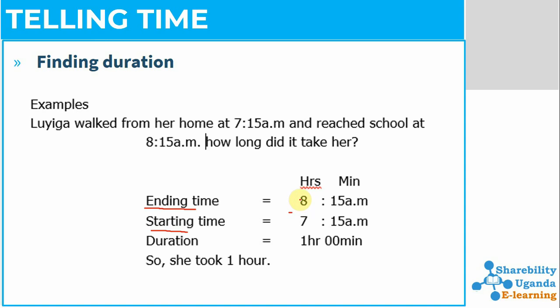That means we shall have our 8, that is 8:15 a.m. This means it was 8 past 15 minutes. Then she started at 7:15, then she reached at 8:15. So we shall subtract this.